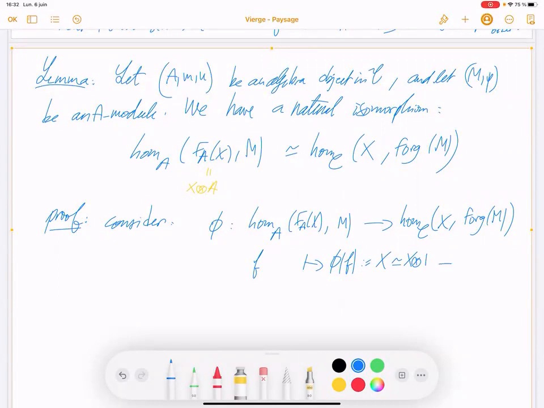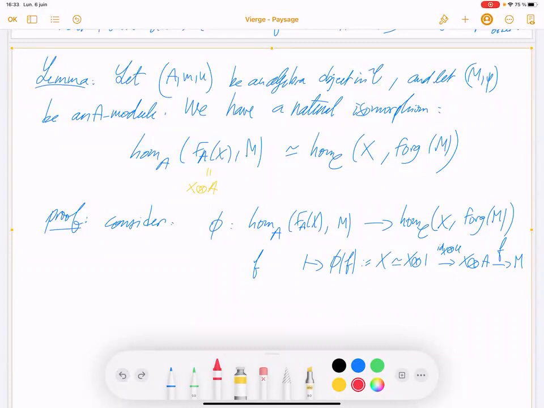You first apply identity on X and then the unit morphism. You go to X tensor A, and then you apply f, and you go to M. So you really get a morphism from X to M. Forget of M is M as an object.